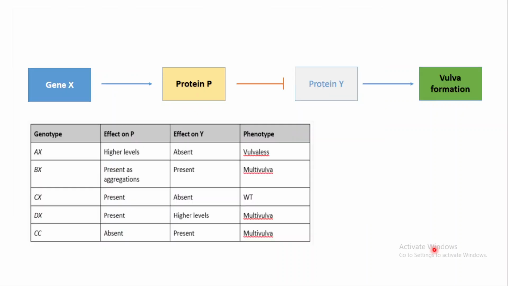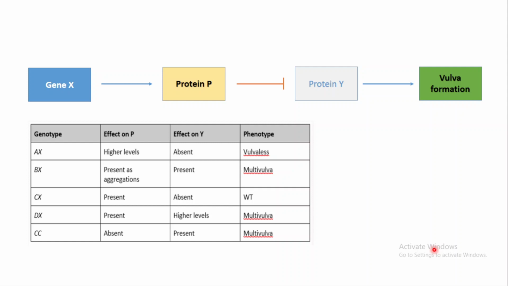This is the table. You have to match ABCD. Which of these alleles do you think is antimorphic, hypermorphic, neomorphic, and recessive? So there is a basic hint in the table that is provided to you.